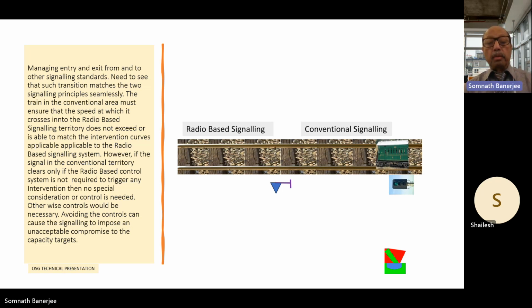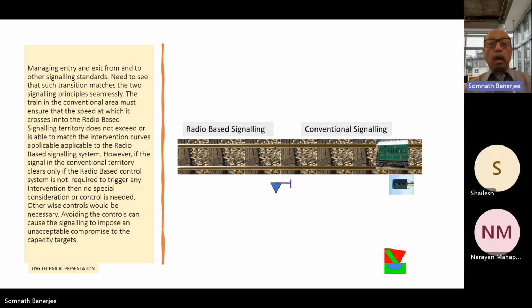The managing of entry into and exit of a train between conventional signaling and radio based signaling has to be done in such a manner that there are minimum conflicts between the two, and a train can smoothly move from one type of signaling system to the other.